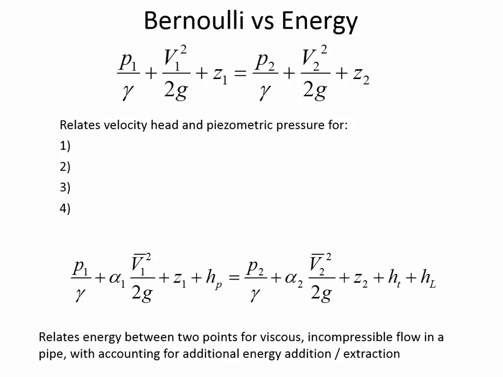So the only way we can get the water to flow from 1 to 2 is by putting in a pump here. And you'll notice that the pump head term, H sub P, it means pump head, it's on the left-hand side of the equation. In this case, it's important that we always have 1 be the upstream location and 2 is the downstream location. And so, put that in the margins there, that 1 is upstream and 2 is downstream.